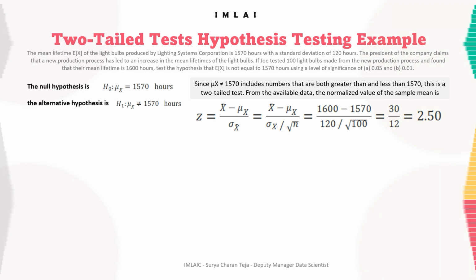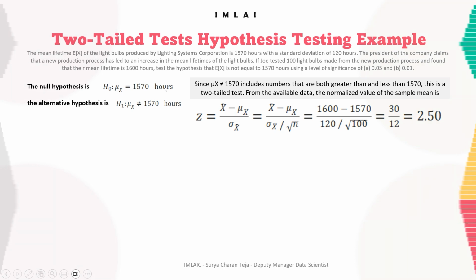So let's take the x value. Joy tested 100 light bulbs made from the new production process and found that their mean lifetime is 1600 hours. That is our sample mean, and the hypothesized population mean is 1570.